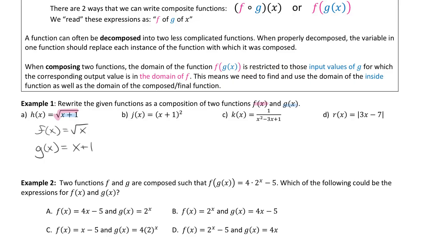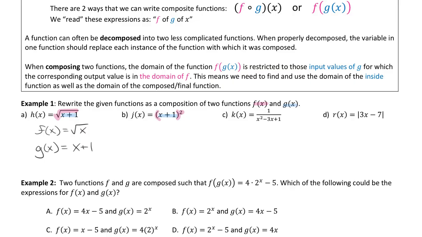In example 2, do you see that there's a function inside another function? What function is on the inside? X plus 1. What function is on the outside? Something squared. And when we don't know what something in it is in math, what do we usually put in that place? A variable, right? Like a placeholder variable.